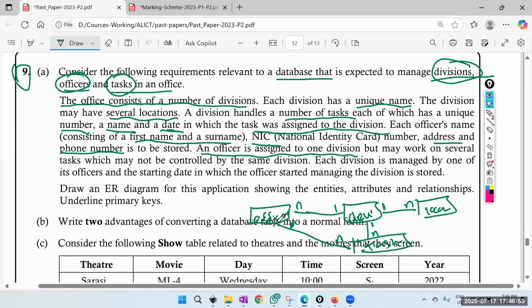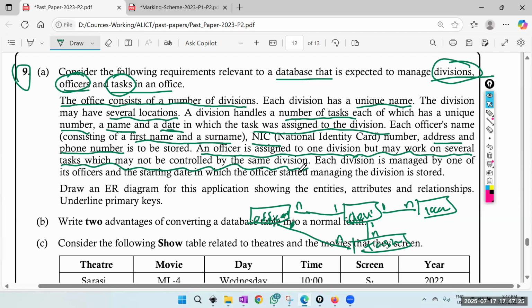That can be the case. You're officially working in, say, Gampaha division, but sometimes you will be assigned tasks of Colombo division as well. That is an interesting point we need to pay attention to.